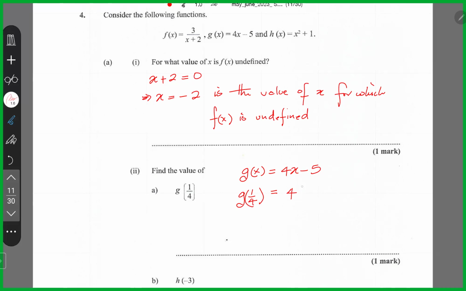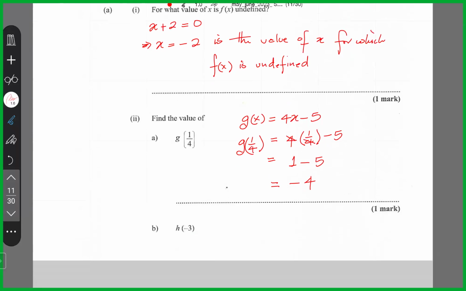So it's 4 times a quarter minus 5. This is 1. So 4 cancels 4. 1 minus 5. G of a quarter is equal to minus 4.